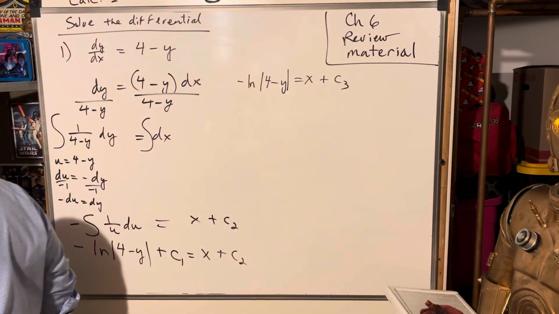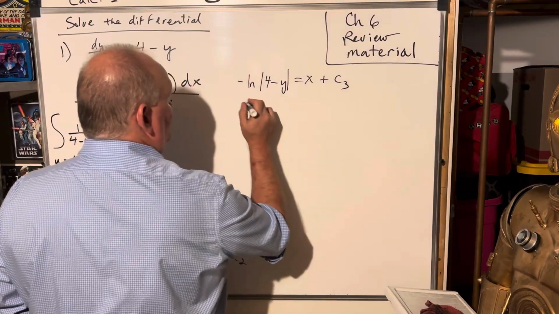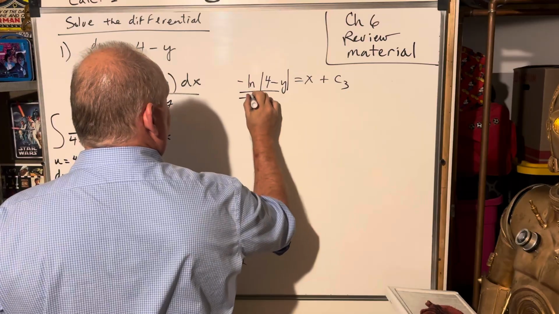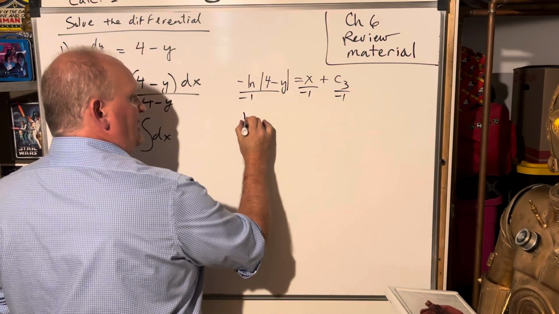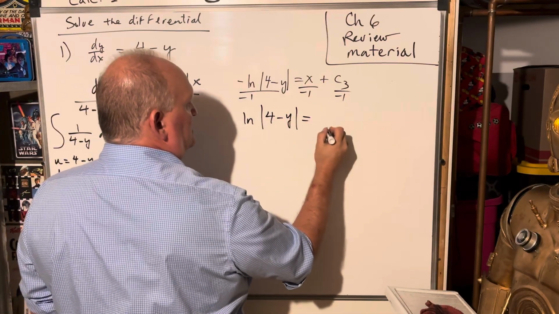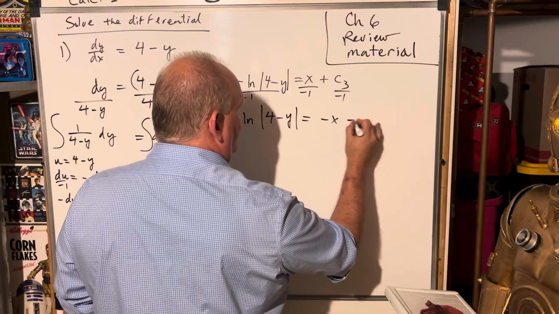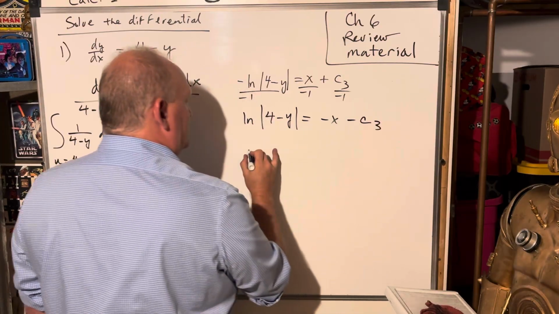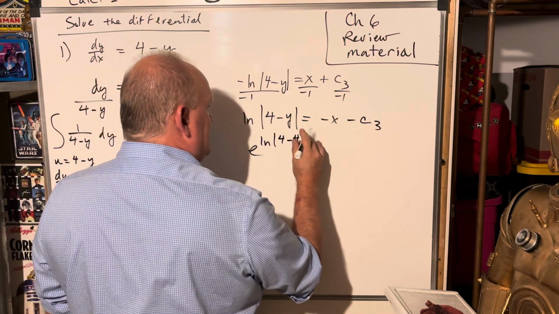All right, and now divide out the negative. And so we have ln of the absolute value of 4 minus y is equal to negative x minus c3. And now we can apply e.